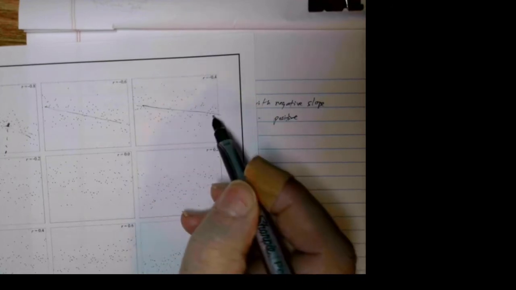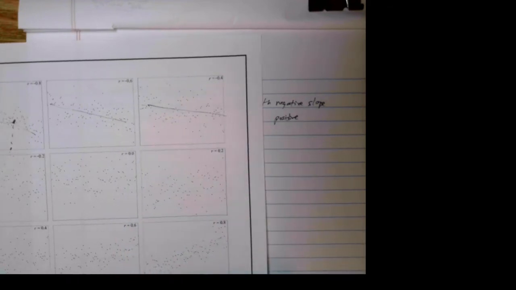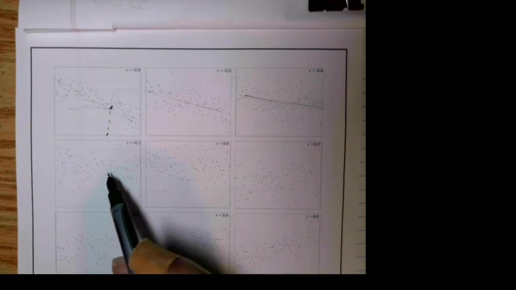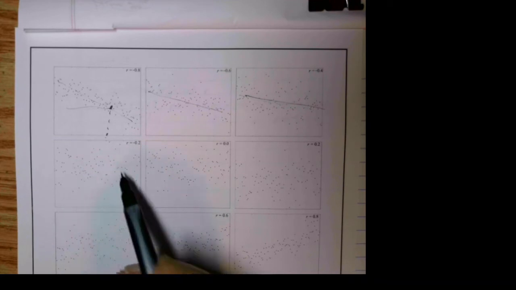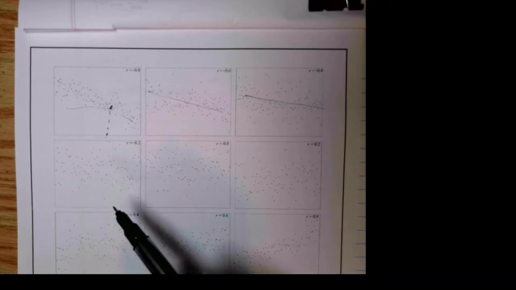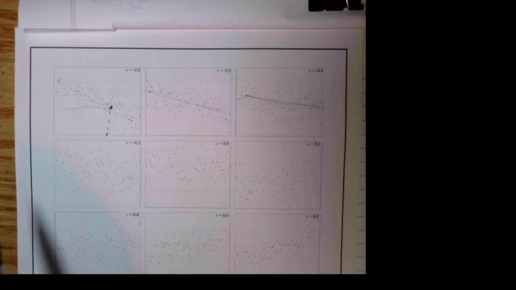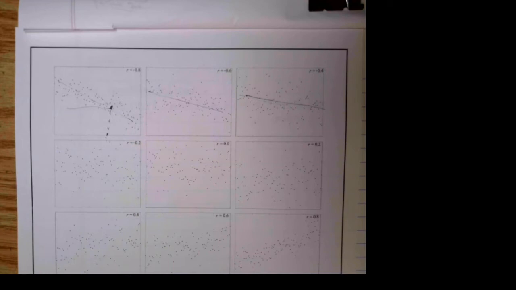It's good to know that there is a linear trend and which way it goes, but using the line as a predictor would be probably a bad idea in most cases. When R is equal to -0.2, it's hard to see a linear trend in the data at all. It's there, it's a measured trend, so the data is kind of sloping down slightly along a line. But you wouldn't want to use it as a predictor at all.